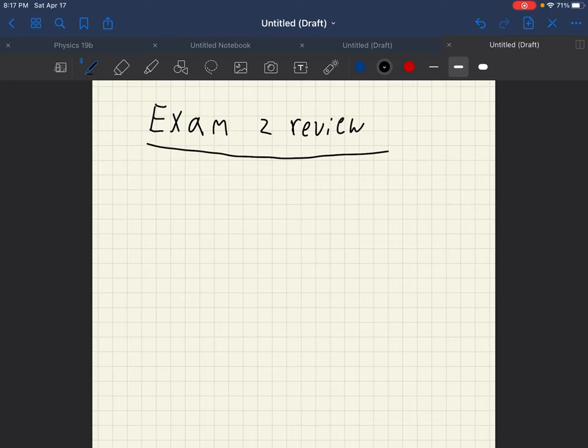So starting off, I'm going to go over what a carbocation is and what the most stable form consists of. So methyl is going to be your least stable, then it's going to go primary, then secondary, then tertiary.